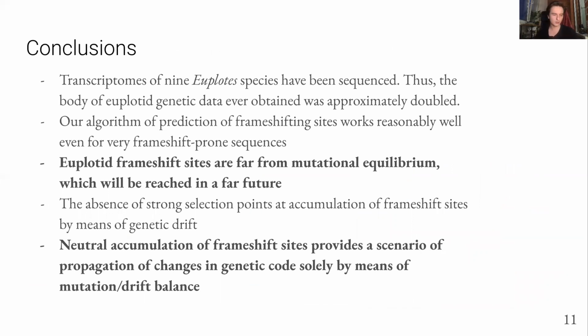Then we have calculated the selection coefficients, and we have found that essentially these frame shifting sites are mildly deleterious. If we multiply the selection coefficient by the effective population size, we get approximately 2, which corresponds to an in-between situation where both selection and drift influence the accumulation of frameshift sites.